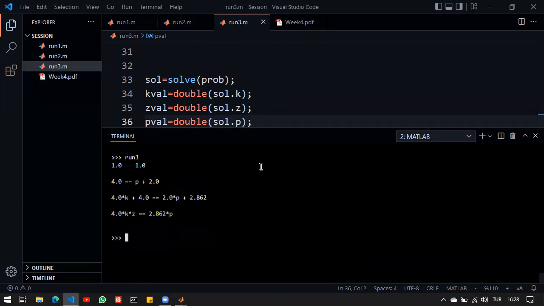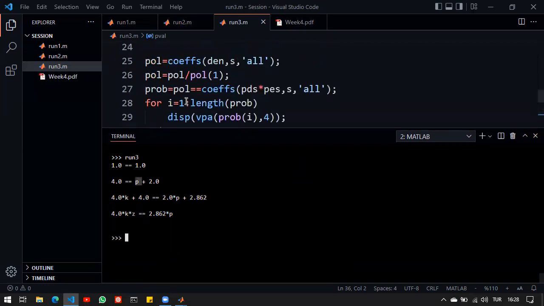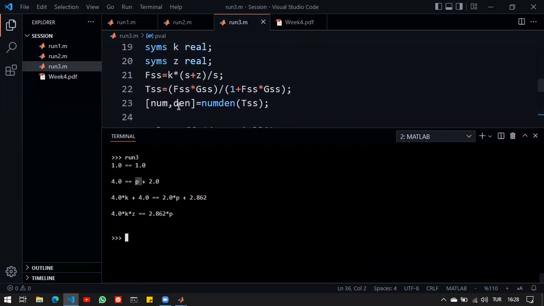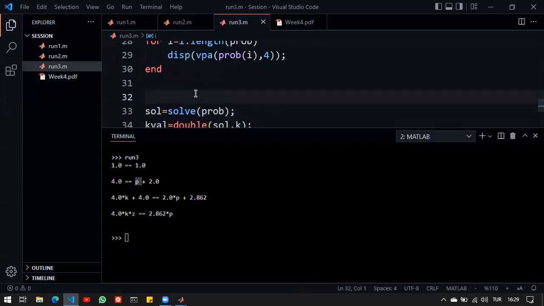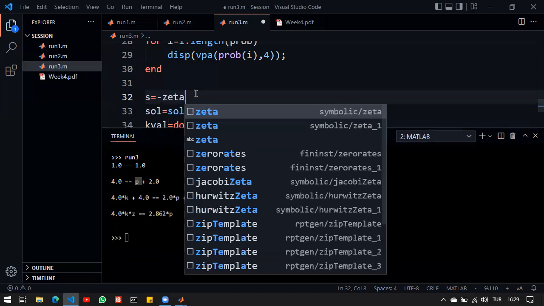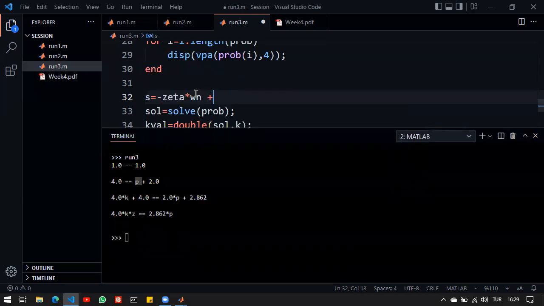So now from here, I can see that I've made a good choice due to the fact that P here is equal to 2. Now, this is important because for closed loop stability, I need to have a positive zeta value, a positive omega n value, and a positive P value. Because by definition, if zeta and omega n are positive, the real part of my solution for the dominant pair is minus zeta times omega n, and then plus minus j times the imaginary part.